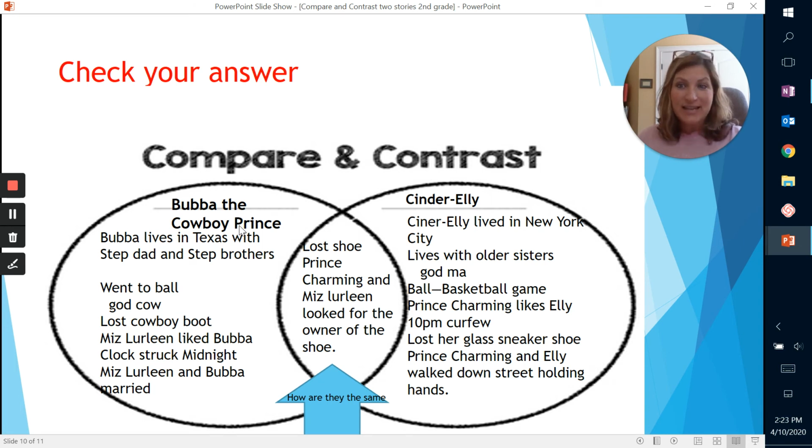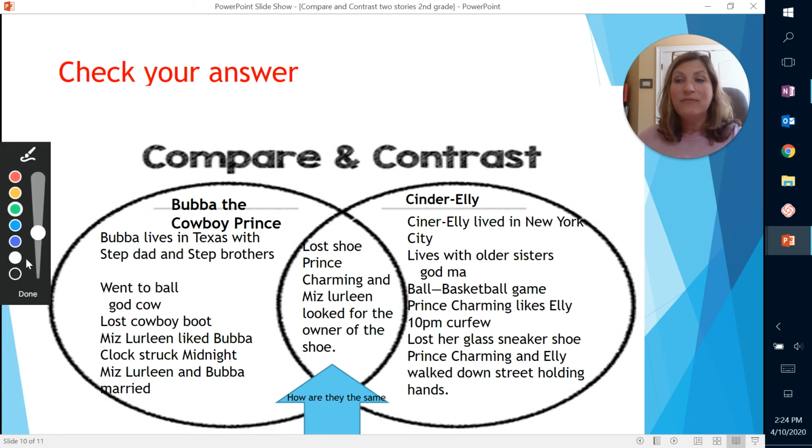He did live in Texas with his stepdad and his stepbrothers. However, contrasting, Cinderella lived in New York City. She lived with her older sisters. And this is so silly, but I want you to look here. If you noticed in the story, Bubba the cowboy prince, he didn't have a fairy godmother.